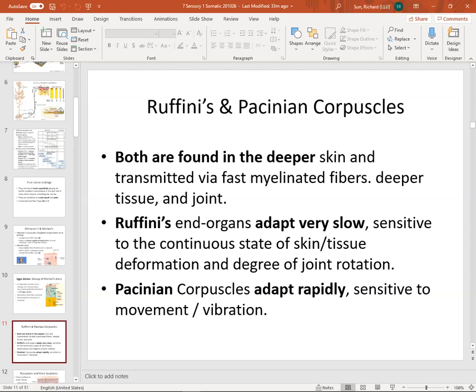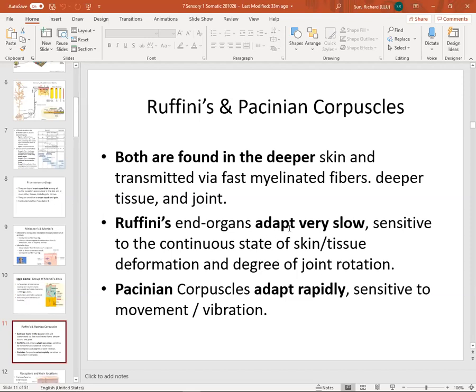Ruffini is one adapt slow. The one adapt fast can detect the change, the higher frequency of the differences.